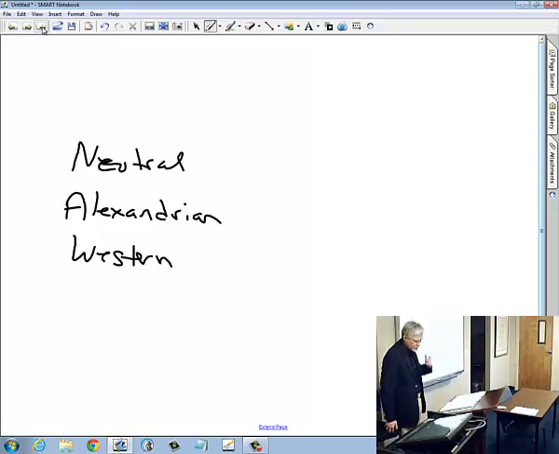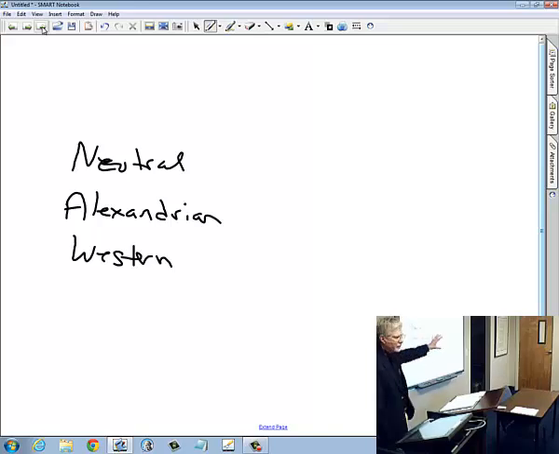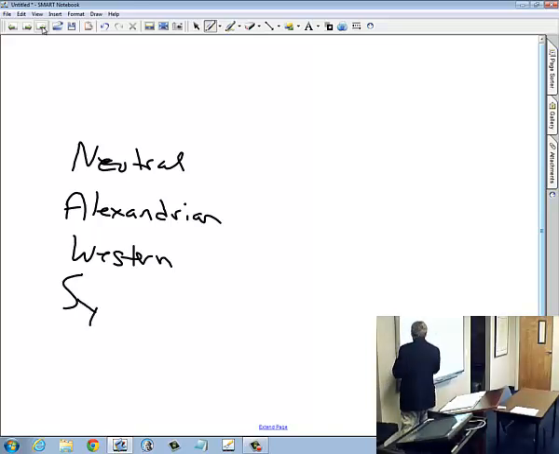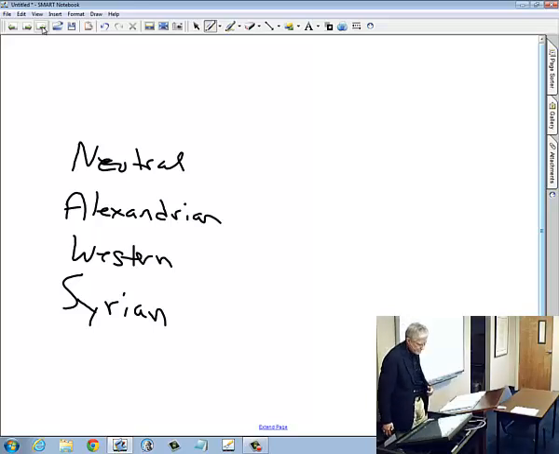The Western text, so named because of the location in the West of the majority of the manuscripts that were discovered here. And it had certain affinities, characterized by conflations and whatever, but they were able to group it into that particular category. And then finally what they called the Syrian text.